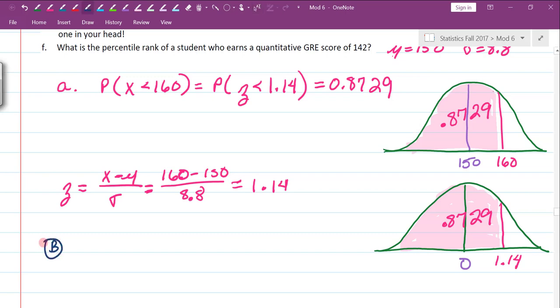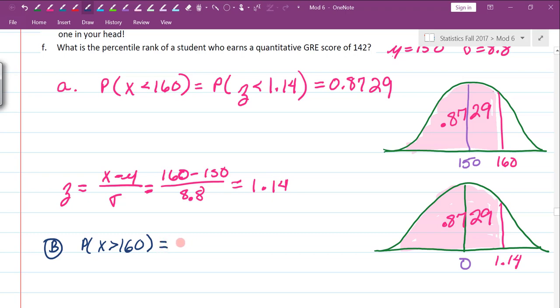For B, we really don't have much math to do. What we need to remember is, in this case, it says, what's the probability that x is greater than 160? Well, we already standardized the value 160, didn't we? We found that the standardized value is 1.14.